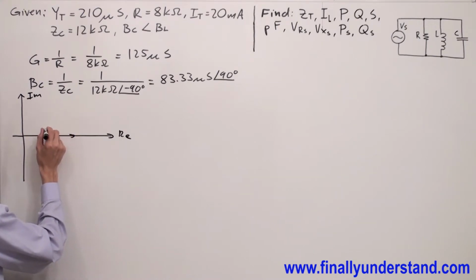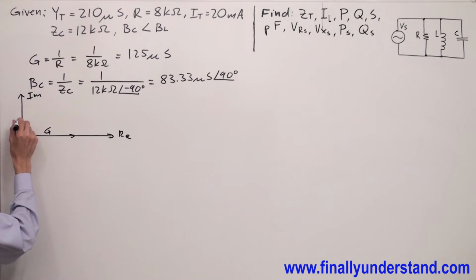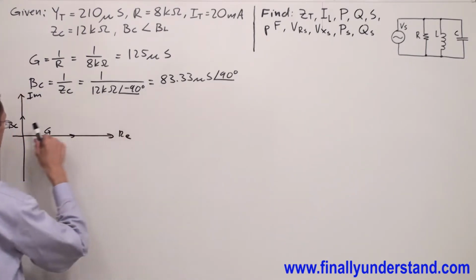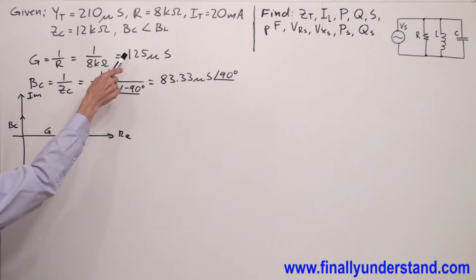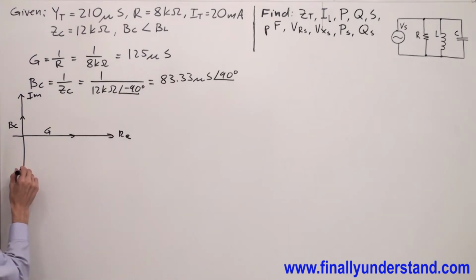This is my G, and this is going to be my capacitive susceptance, BC. Please notice that capacitive susceptance has angle 90 degrees. And I will talk also about the inductive susceptance, which is greater than BC. So this is my BL.